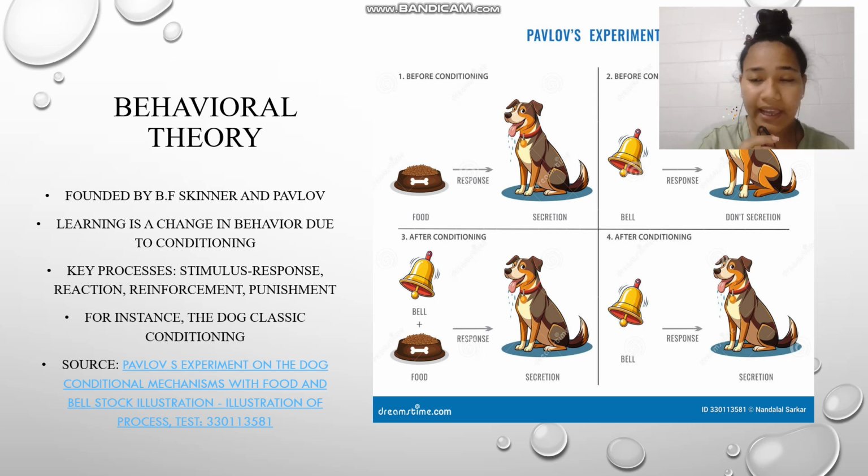Behavioral learning theory focuses on observable changes in behavior brought on by environmental circumstances. It explores the relationship between stimuli and the reactions they produce, and how rewards or penalties lead to learning. As we can see in the image given in the presentation, there is the dog, the bell, and the dog's food.